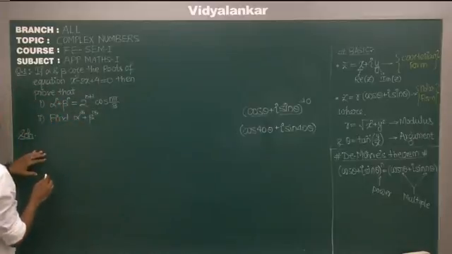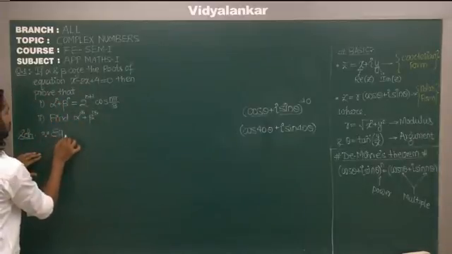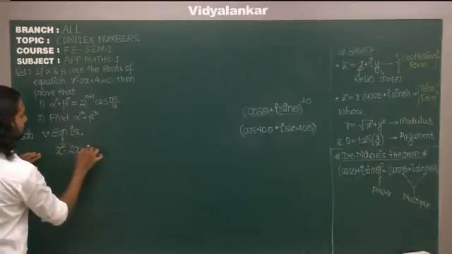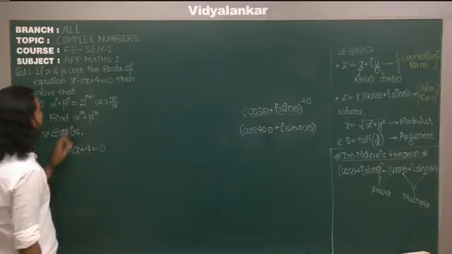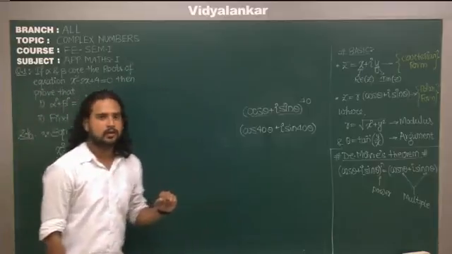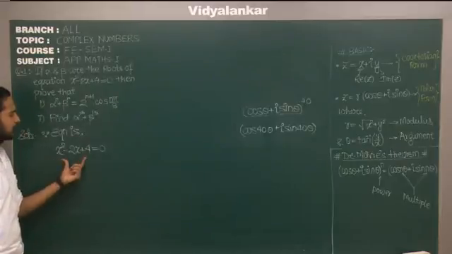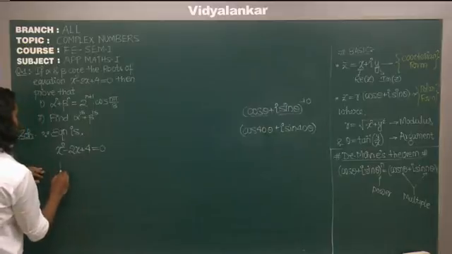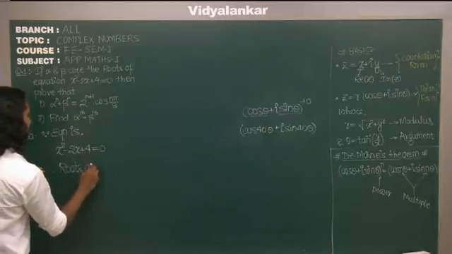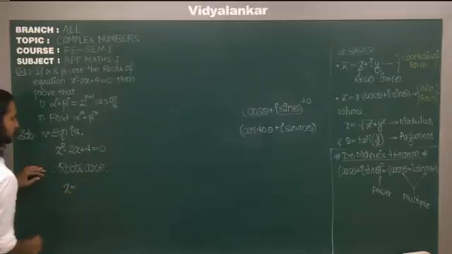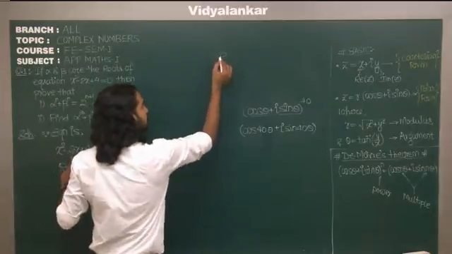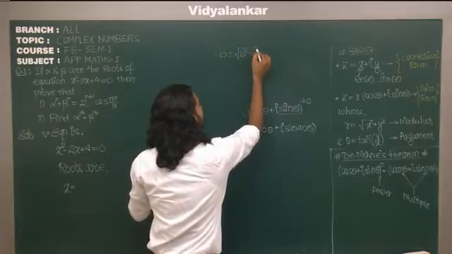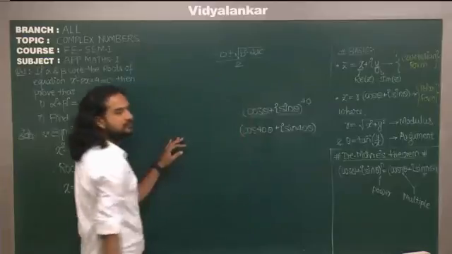So let me consider that equation. The equation is x square minus 2x plus 4 equal to 0, and alpha and beta are the roots. This is a quadratic equation and we know how to get the roots of a quadratic equation. So let me find it. Therefore the roots are x equal to, I hope all of you remember, minus b plus minus square root of b square minus 4ac divided by 2a.